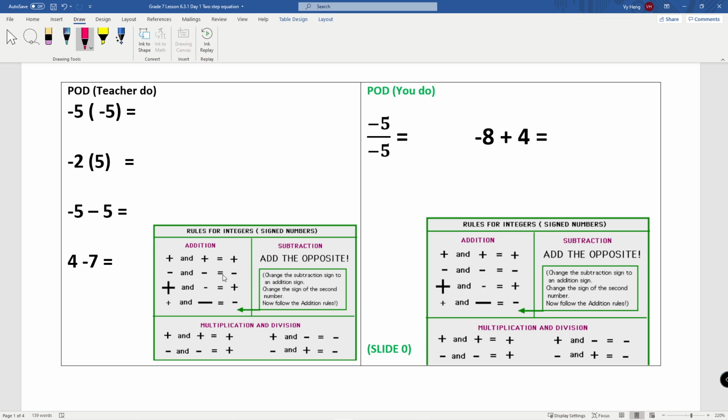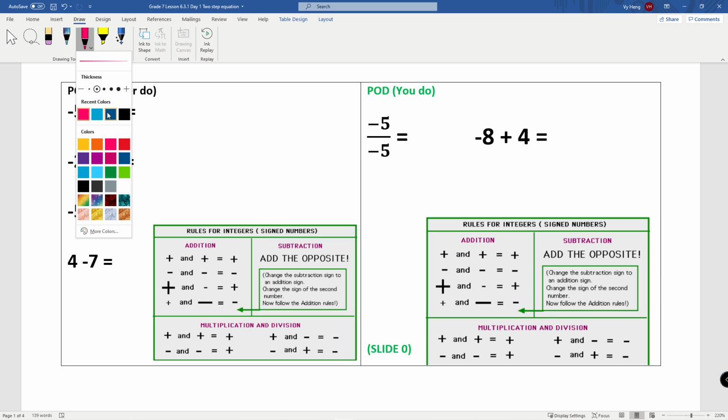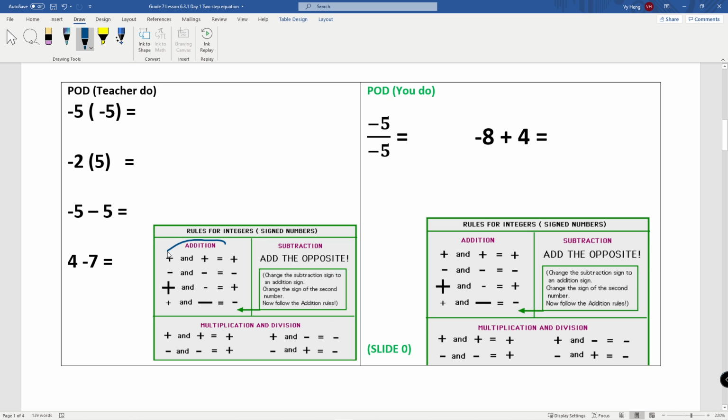We have to understand how to do these things. A lot of you guys still don't understand how to do it. So let me start with the rules for integers. This section here is called combining, okay?